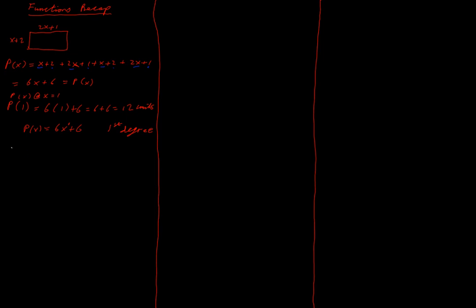Now, if we look at what the area of that shape would be, I'd want the area in terms of x. That would be the width multiplied by the length. So I would take the first term in the first bracket and multiply it by the second bracket. I would take the second term in the first bracket and multiply it by the second bracket.